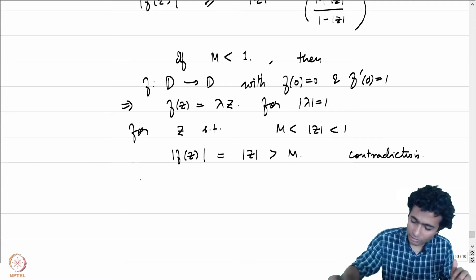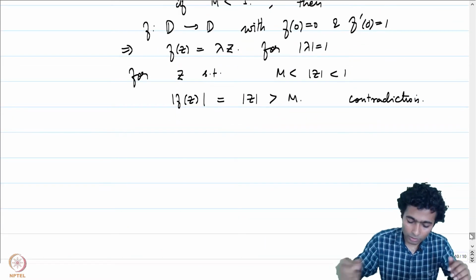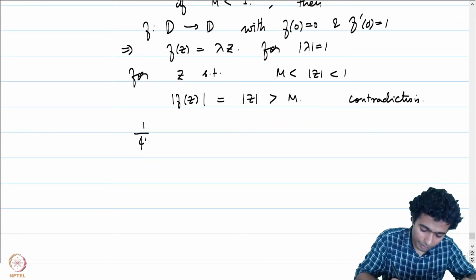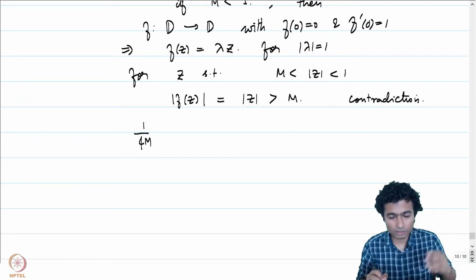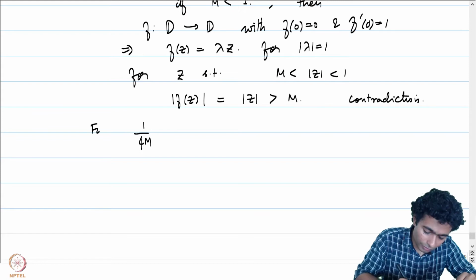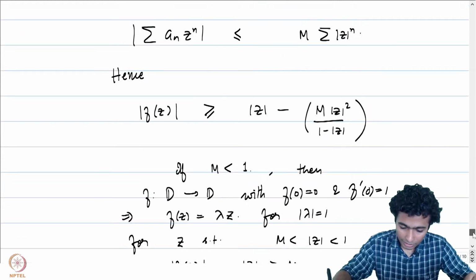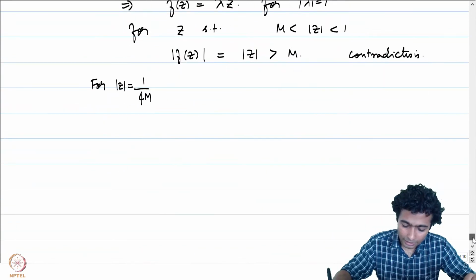That's an observation that we should keep in mind, because if now we consider 1 by 4m, that's a number which is between 0 and 1, and if you consider mod z equal to 1 by 4m, let's see what happens here. What will happen to the right hand side?